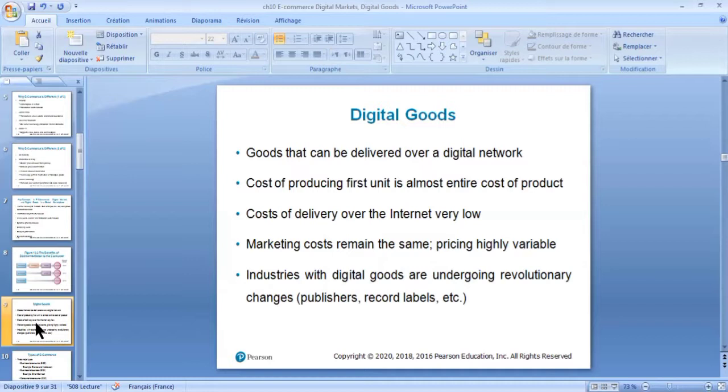Today, all these products are delivered as digital streams or downloads, whereas their physical counterparts are constantly declining.